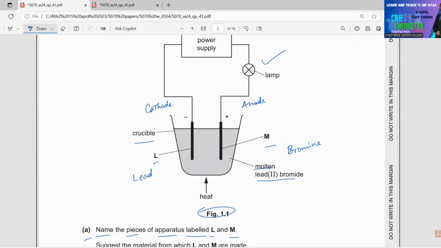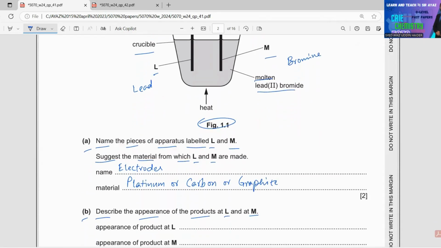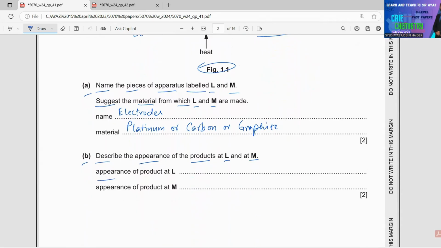Now what are they asking? They are asking about the appearance of the product at L. So at L, you will get silvery beads or solid. Silvery, you can even write black, gray, beads or solids.